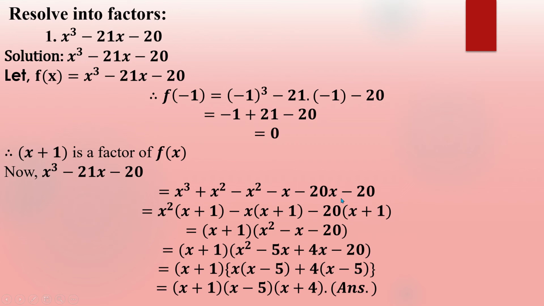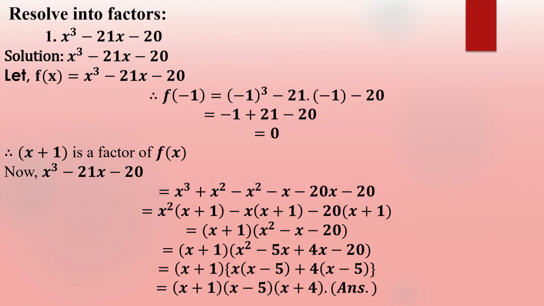Now for matching minus 20x, we have to take minus 20. As a result, minus 20 into x means minus 20x, and minus 20 into plus 1 means minus 20. Now here x plus 1 is common. So here will be x square, minus x, and minus 20.